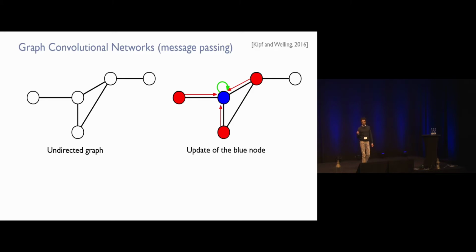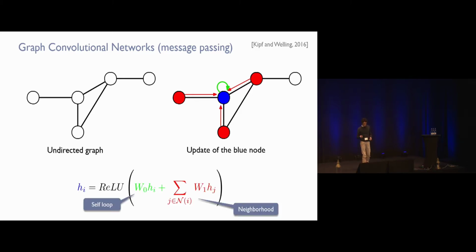What we do first is send messages from the red nodes to get the neighborhood, to learn the neighborhood of the node. And then we send a message from the blue node to the node itself with the green arrow. We take all these messages, we combine them, and we have the new representation of the node that is aware of its neighborhood.